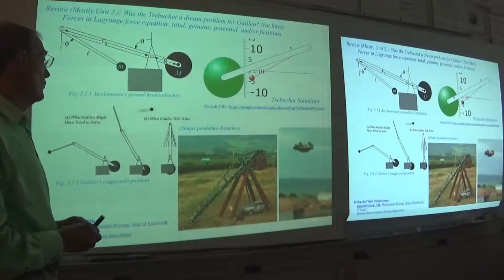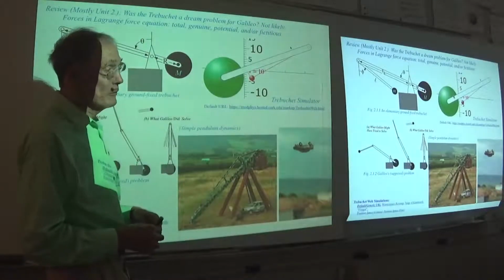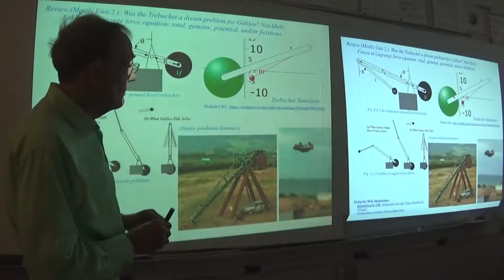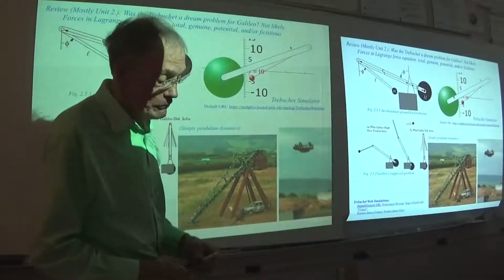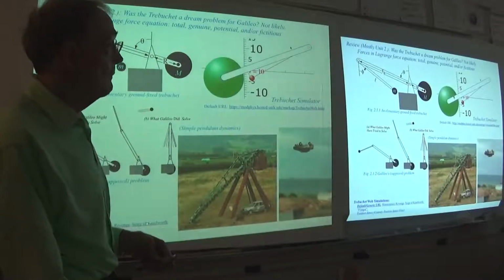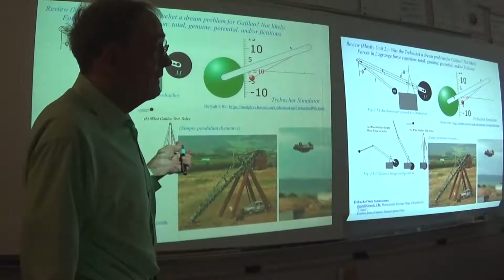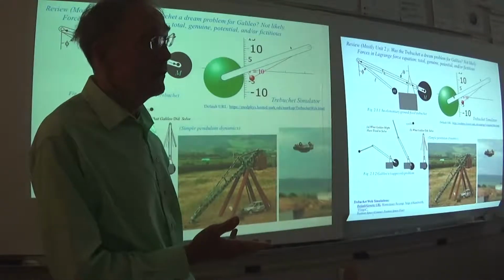And no chance of that. A tremendous amount of mathematics had to happen before Galileo's discoveries led to Newtonian and finally to what we do in modern mechanics. And then also, with a trebuchet, there's no analytic solution for the trebuchet driven by gravity.